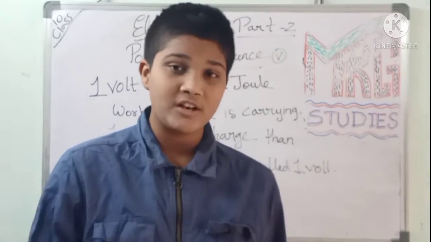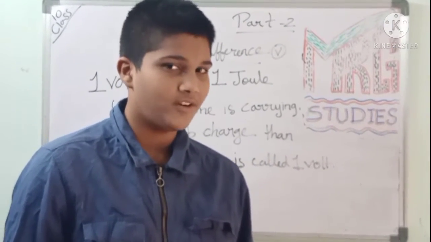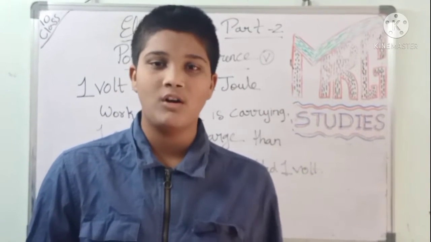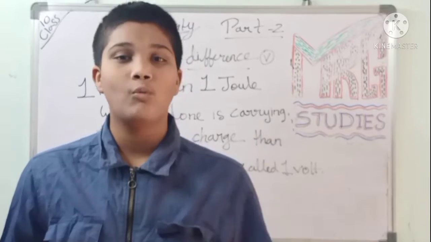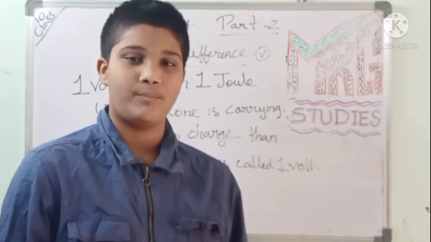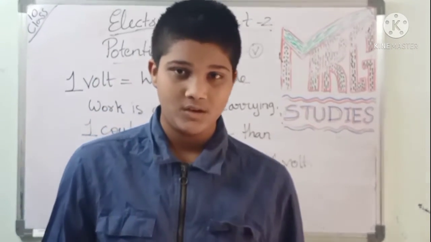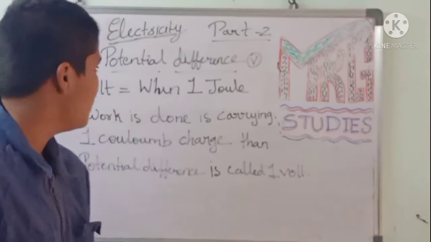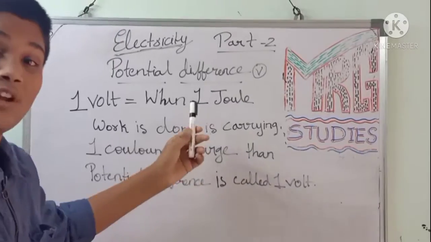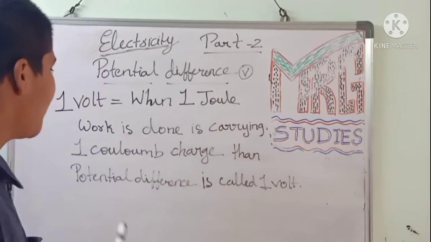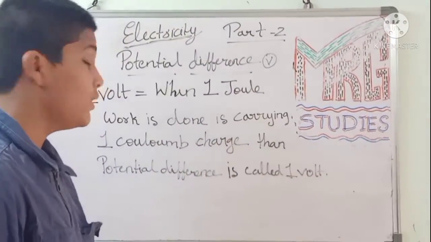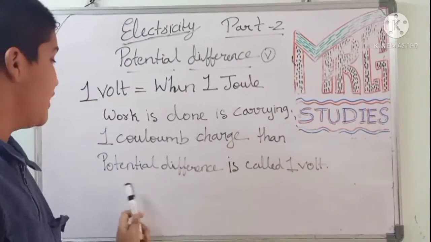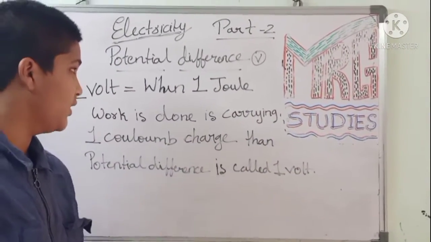Now I will tell you the SI unit of potential difference. The SI unit of potential difference is volt. The volt also has a symbol to represent it, V. So let's see what is 1 volt. When 1 joule of work is done in carrying 1 coulomb of charge, then the potential difference is called 1 volt.